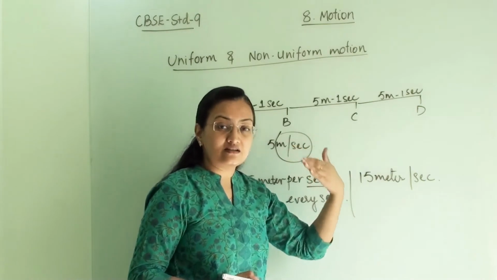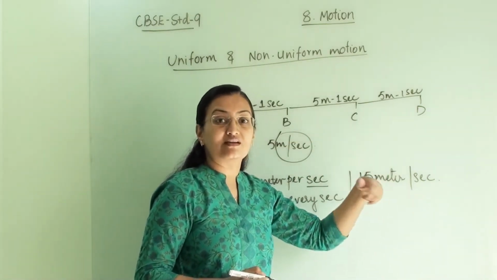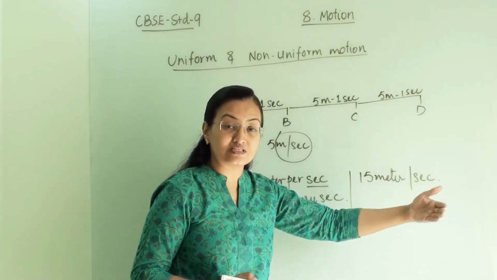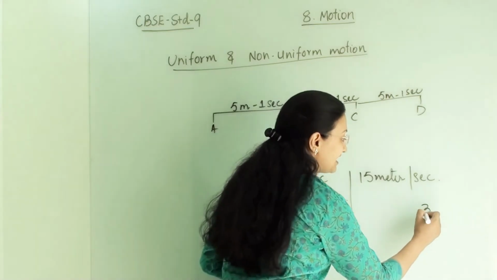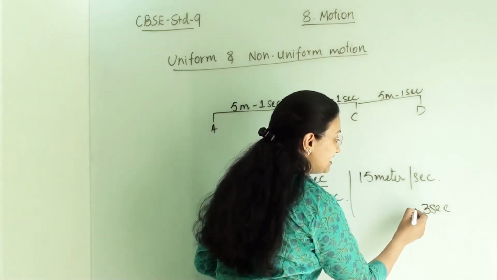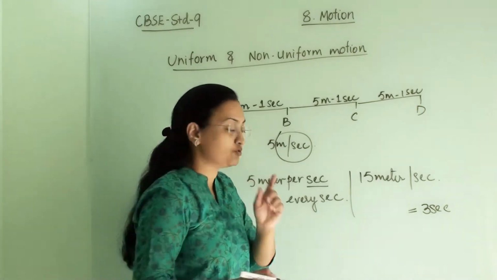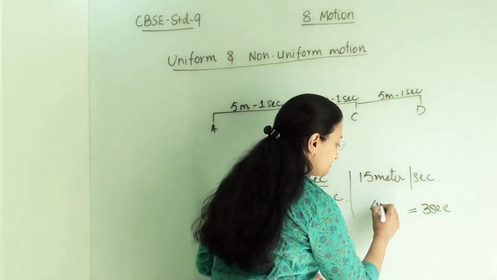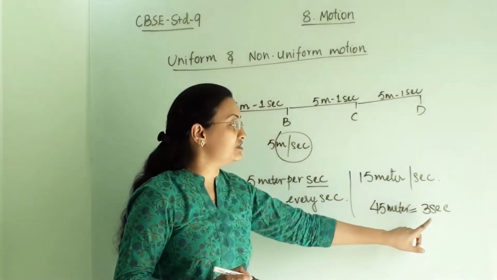In the first second, 15 meters, in the second, 15 meters, in the third consecutive second, 15 meters. So if it travels for 3 seconds, then it will cover 15 plus 15 plus 15, so it is 45 meters. It has covered 45 meters in 3 seconds.